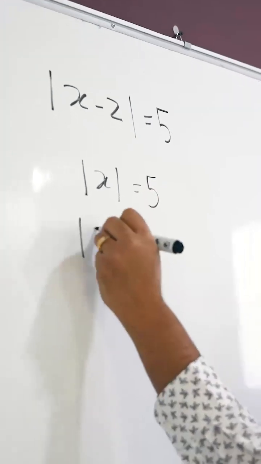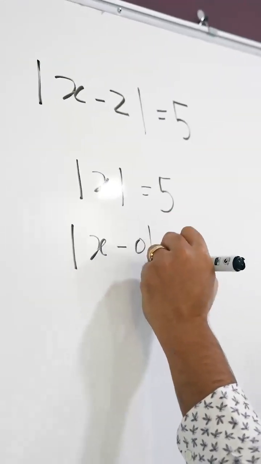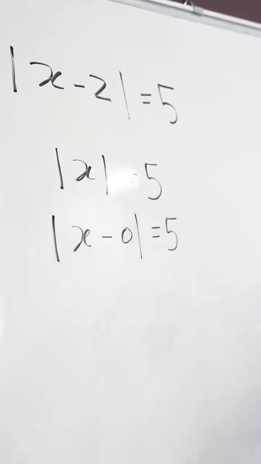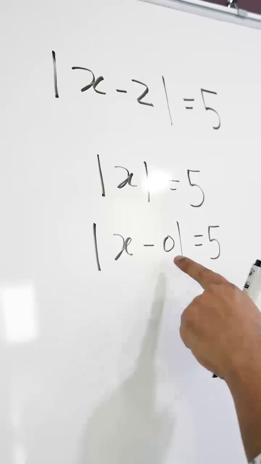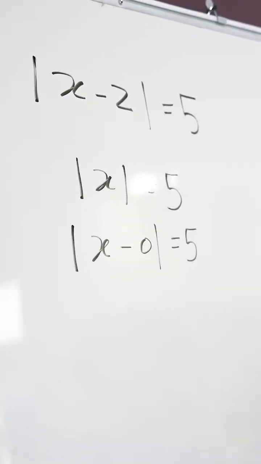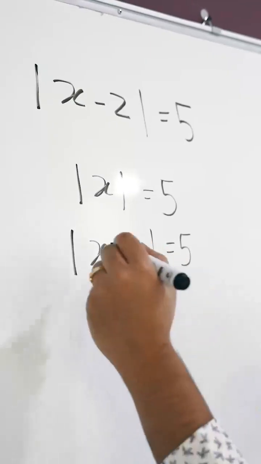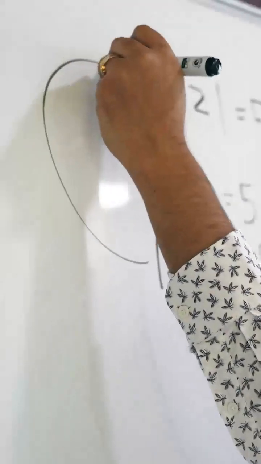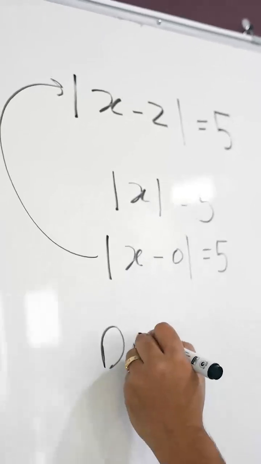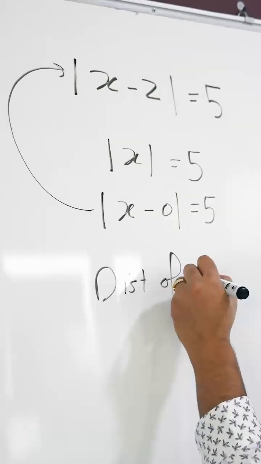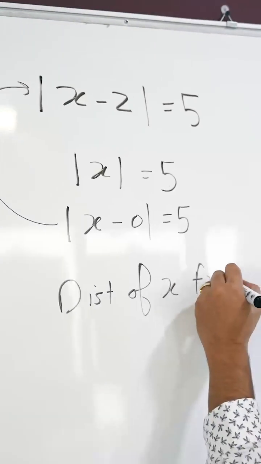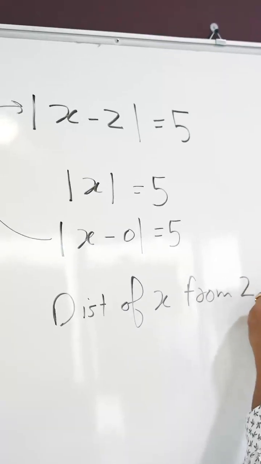This is actually mod x minus 0 is equal to 5. Now this minus 0 is so insignificant, we don't even bother to write it. But that's the correct format in which I should express it. So if I try to read it in the same way, I will read it like this: distance of x from 2 is 5.